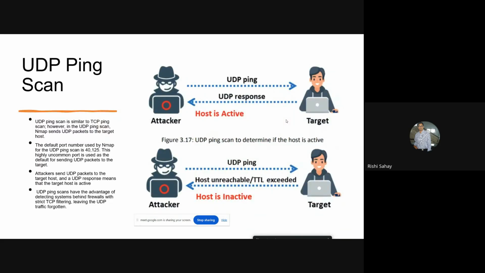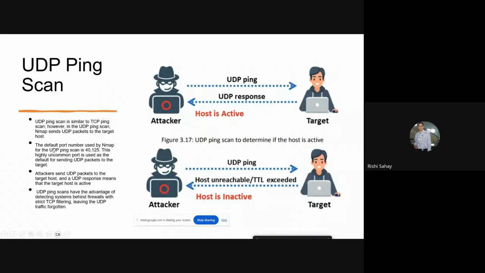The UDP ping scan is also very similar. You are sending UDP packets to the host, and then you wait for the response. If you get the response, then you identify that yes, the host is active.